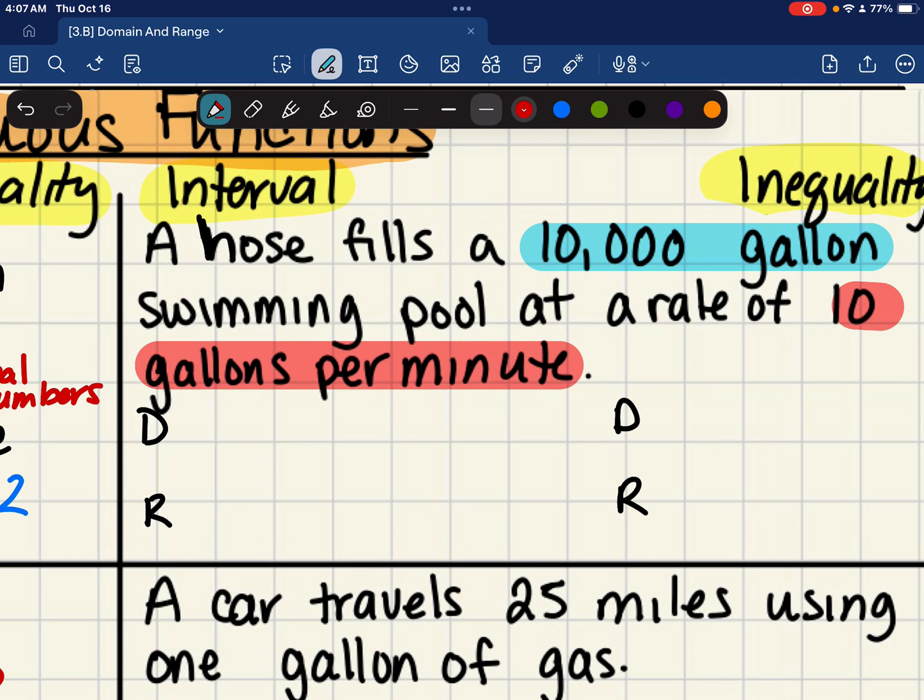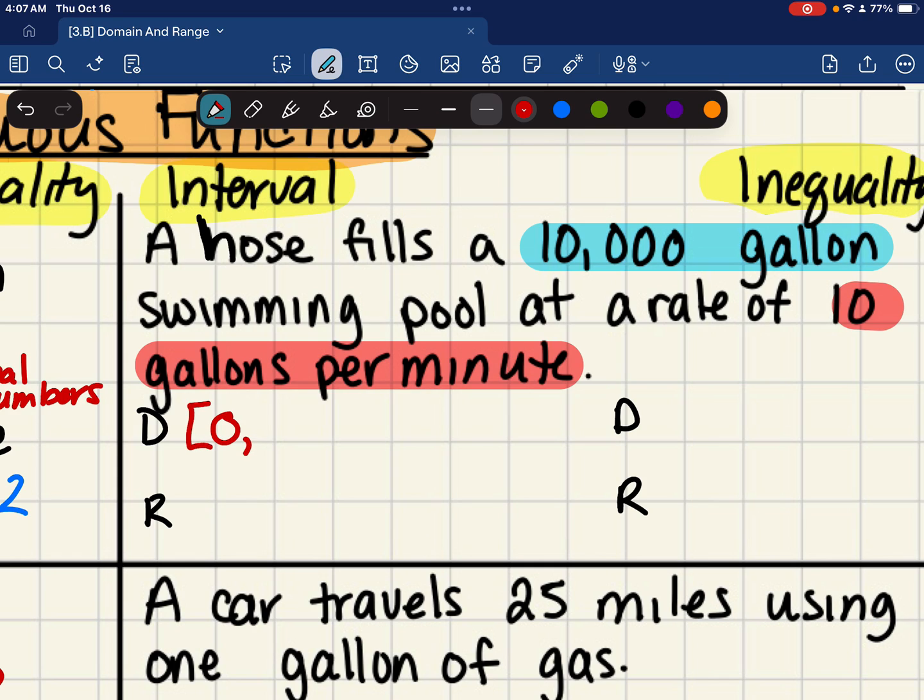Sure. Could I spend 1 minute? Absolutely. Could I spend half of a minute? Great. Could I spend 1 second filling a swimming pool? Yeah. Half of a second? Could I spend 0 seconds filling the swimming pool? I could. Could I spend -1 second filling a swimming pool? No.